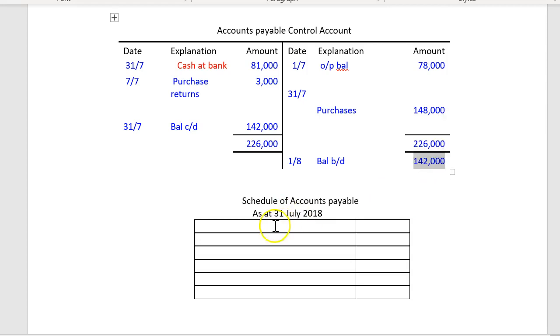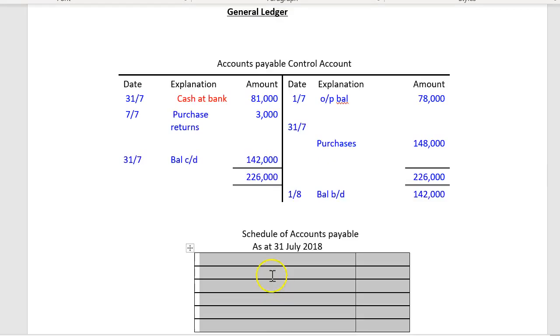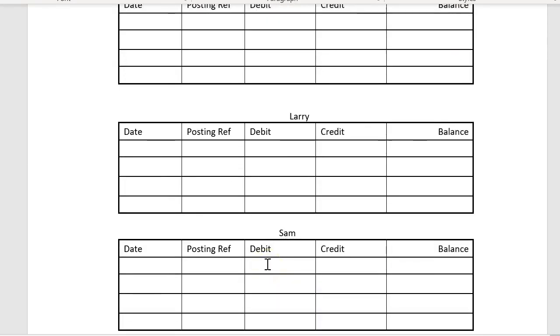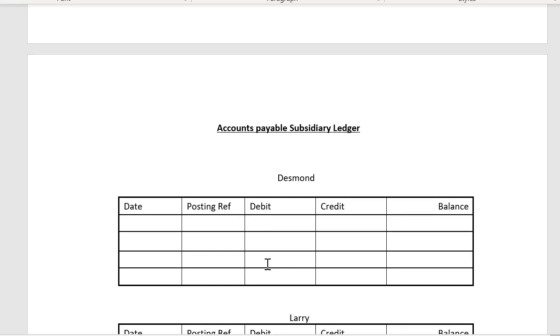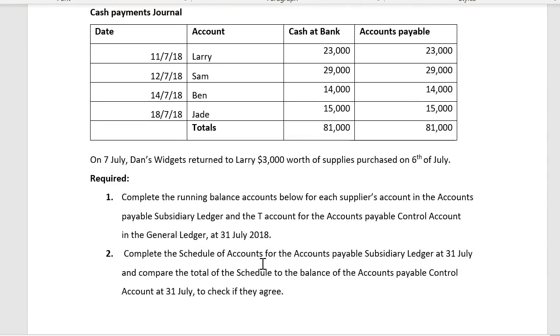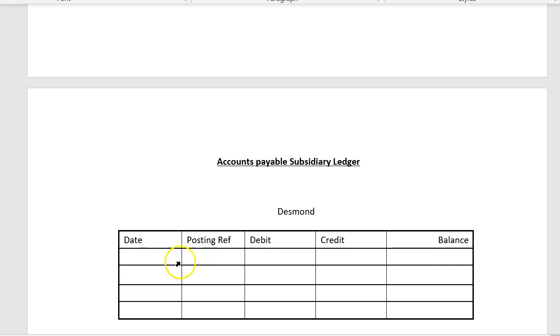The sum of ending balances for each supplier should equal 142,000. So let's complete these subsidiary ledger accounts. Let me start with Desmond. Does Desmond have an opening balance? Yes, he does, $18,000. Don't need to worry about post reference. Check whether they purchased from Desmond.